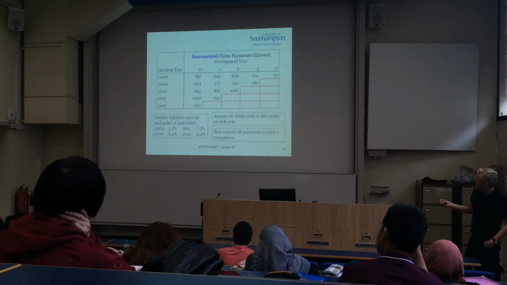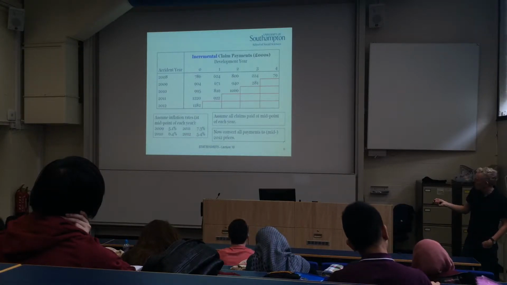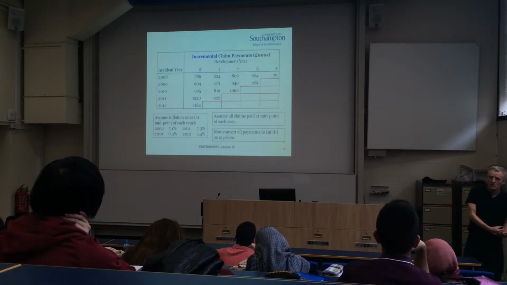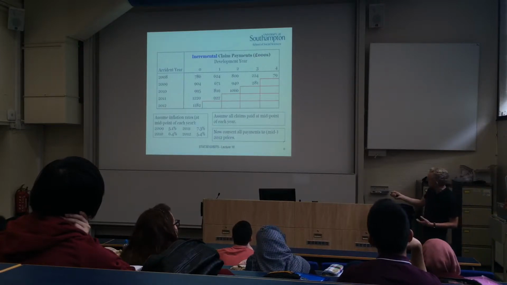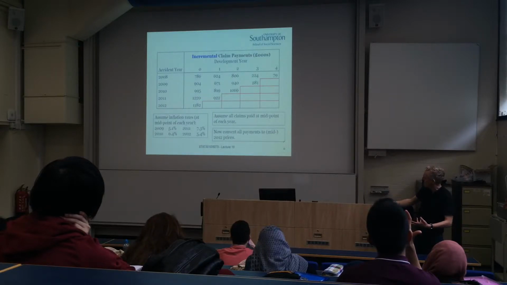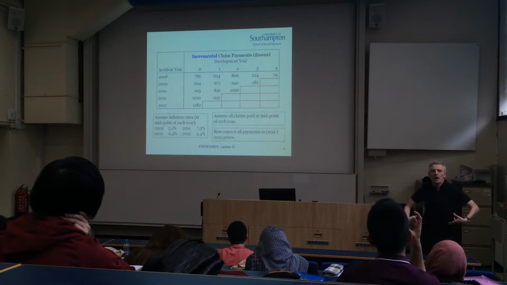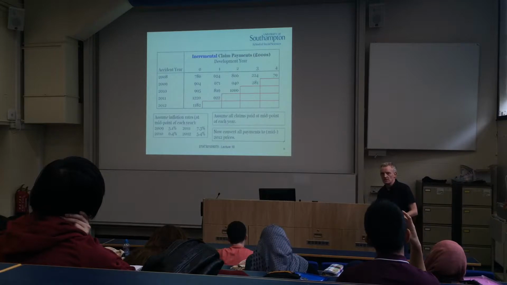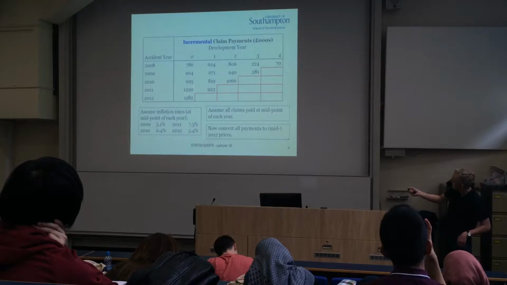So, for example, this is the inflation rate at mid-2012. So prices have increased by 5.4% from the middle of 2011 to the middle of 2012. So what you need to do, for example, is to multiply this incremental payment of 1220, which is paid in 2011, by 5.4% to get to the value at 2012 prices. And you would need to do that same kind of multiplication for all the numbers sitting along this diagonal here.